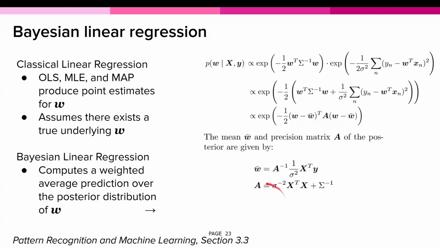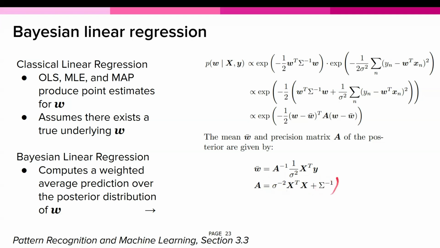And so the posterior precision matrix A, this is in turn a sum of two terms. So one is a contribution related to the data, X transpose X, scaled inversely proportional to the noise of the observations.